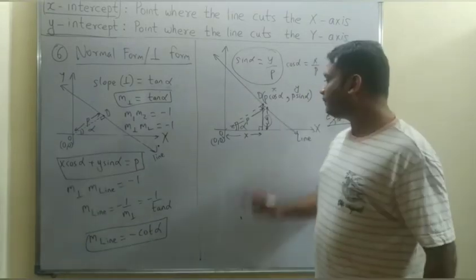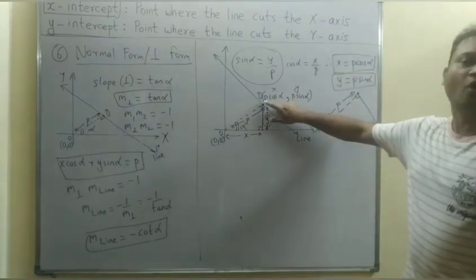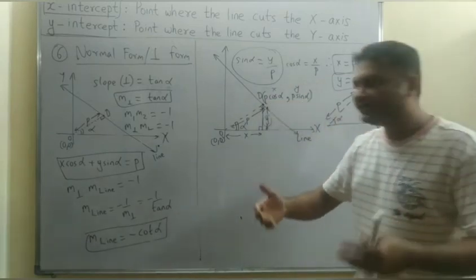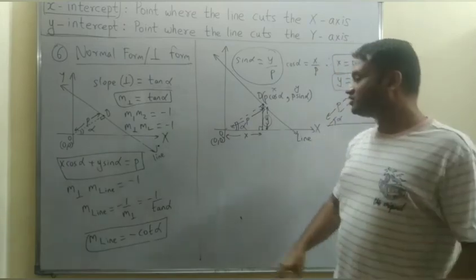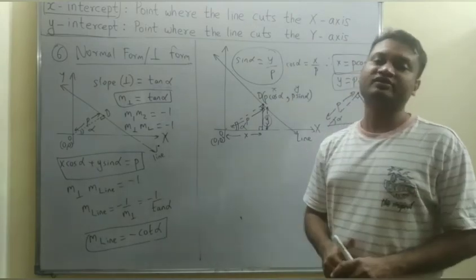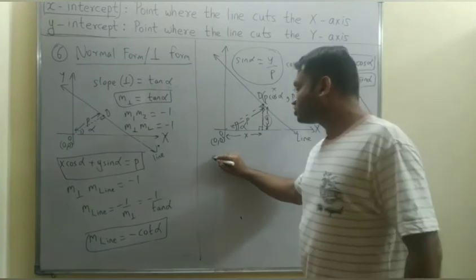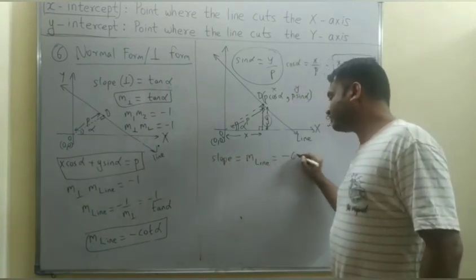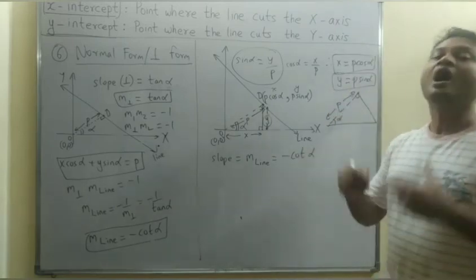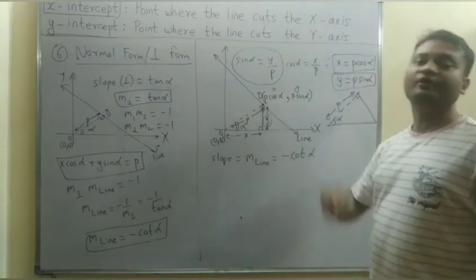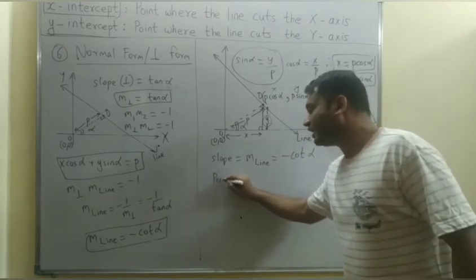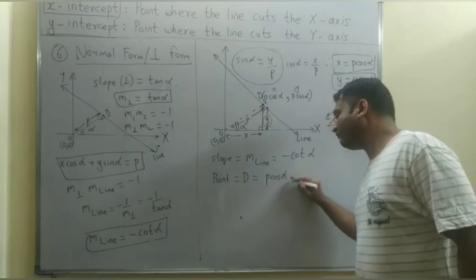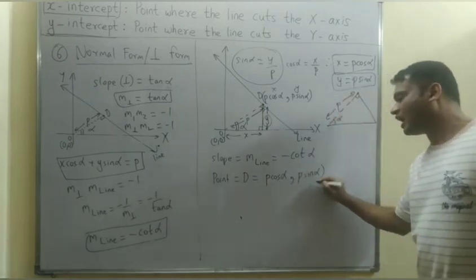Now we have the point on the line, let us say point D, with coordinates p cos alpha, p sin alpha, and the slope of the line is minus cot alpha. So we have the slope of the line, m, which is minus cot alpha, and we have the fixed point on the line, which is nothing but point D, p cos alpha, comma p sin alpha.